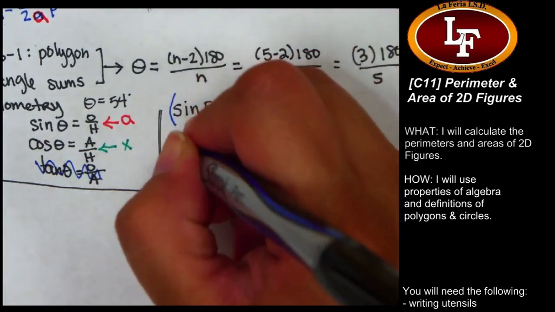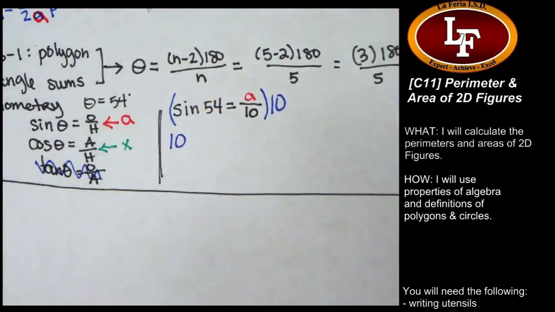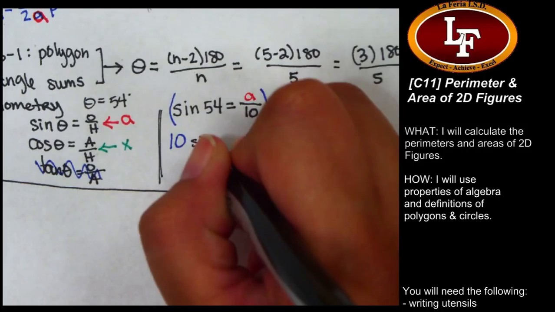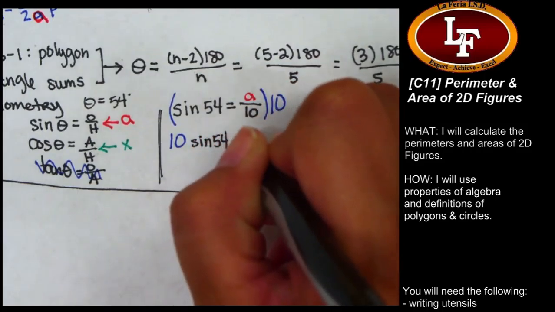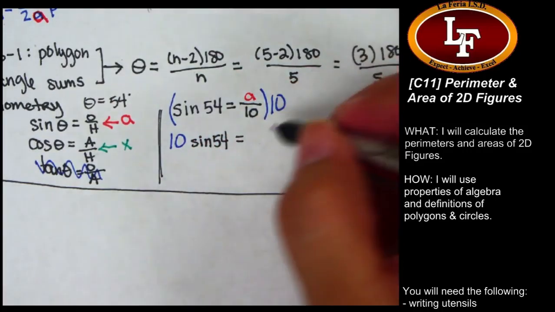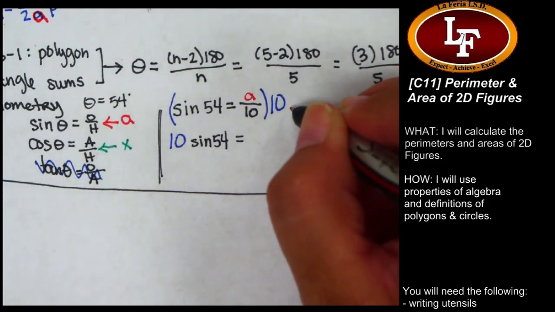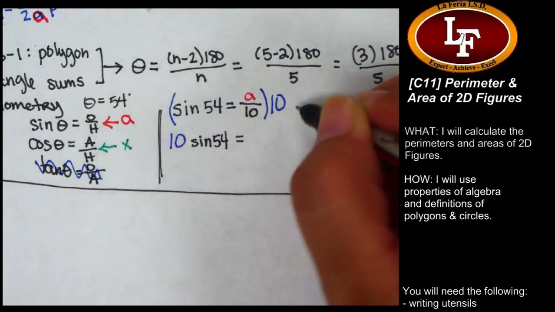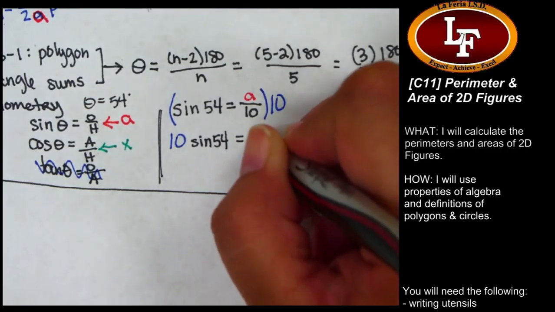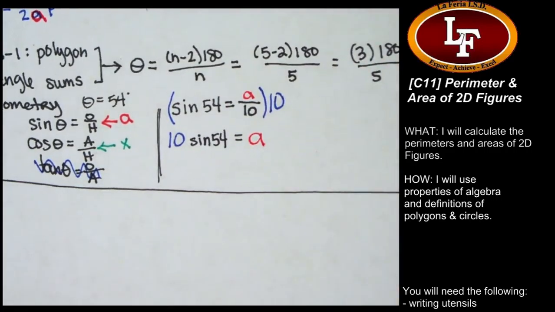When I do that, I end up on the left-hand side with 10 times the sine of 54. And on the right-hand side, the division by 10 and the multiplication by 10 are going to kind of undo each other, destroy each other. And on the right-hand side, I'm left with just that variable representing the measure of the apothem.